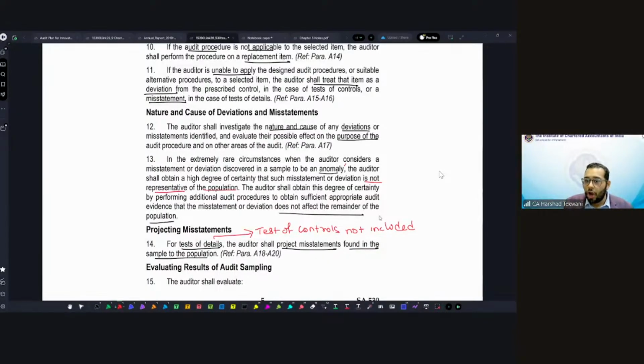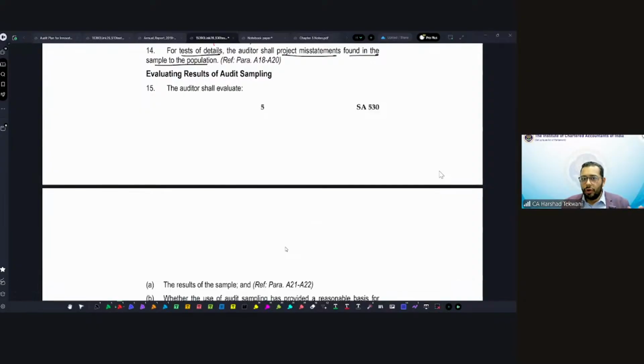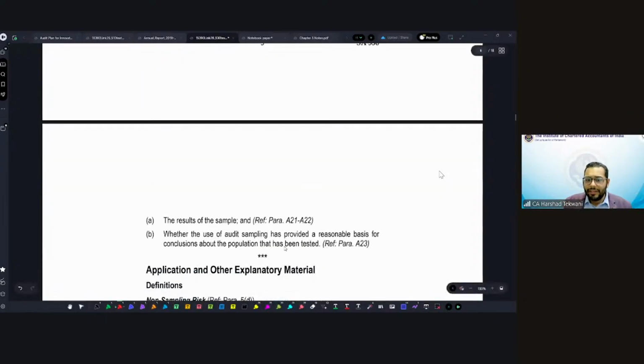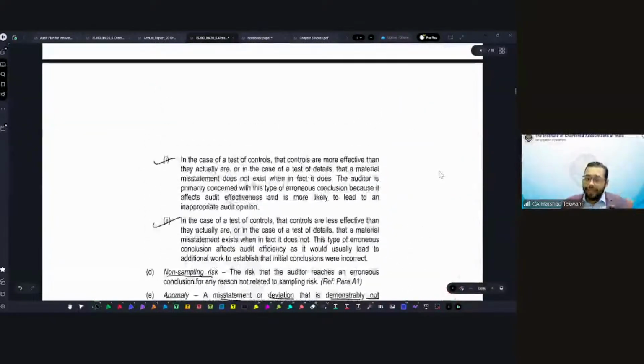So an anomaly should not be projected. And then evaluate the sample, whatever outcome it is. After doing the sample, evaluate the results and use other sampling methods or further procedures if you want. Whatever conclusion you get, you evaluate that. So that is the requirement of the standard that we understood.